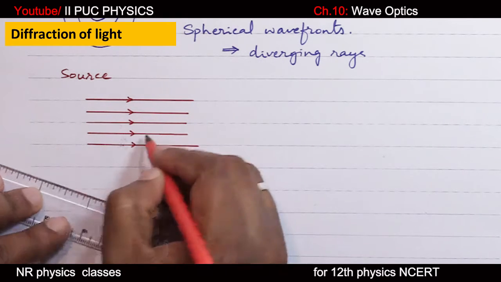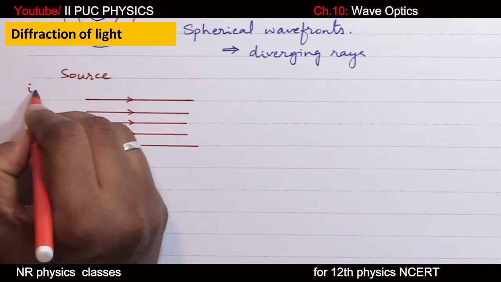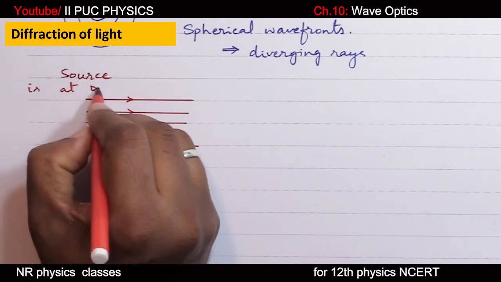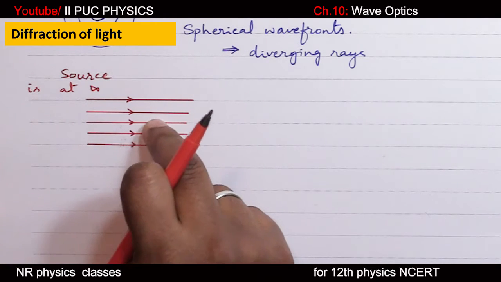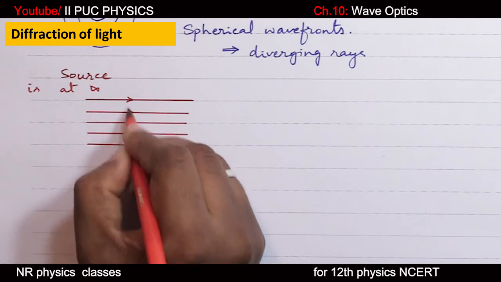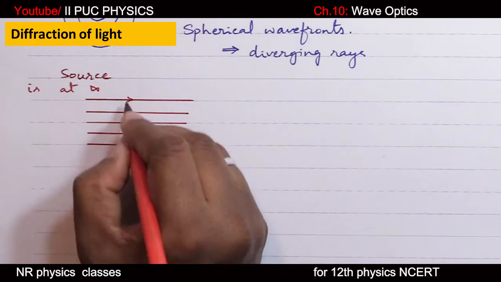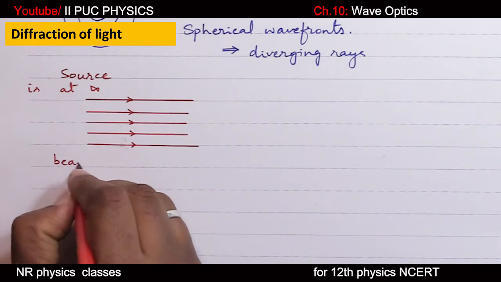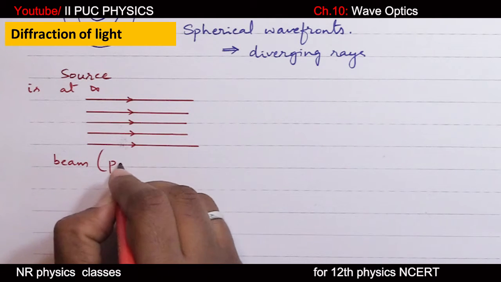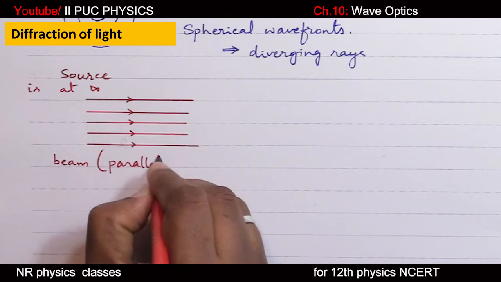So simply we say, if source is at infinity, means distance of the source from this point of observation is more, then that results in parallel beam, parallel rays, beam of light.